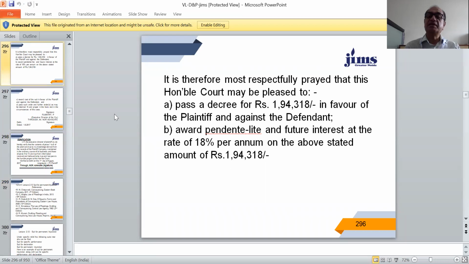See, dear students, the interest has been calculated up to the date of filing of the suit. But you want interest pendente lite, which means interest during pendency of the suit, and future interest also till the money is paid to the plaintiff.